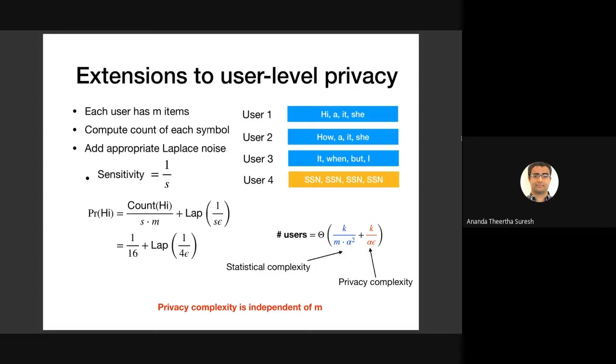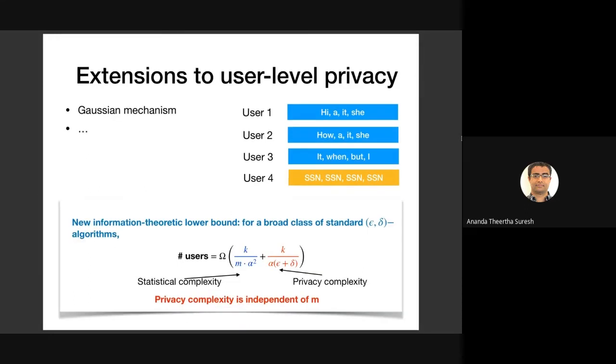We were surprised to see that privacy complexity does not go down as a function of M. One can look at several other algorithms like the Gaussian mechanism or some subsampling approaches, and we notice that all of them have the same user complexity. The privacy complexity is fixed and does not go to zero as a function of M.